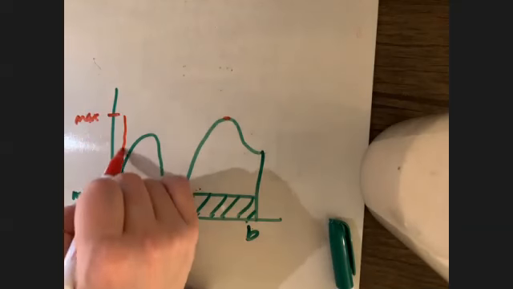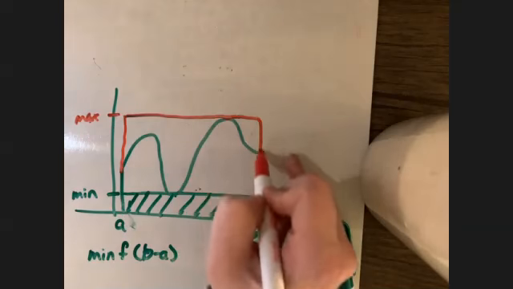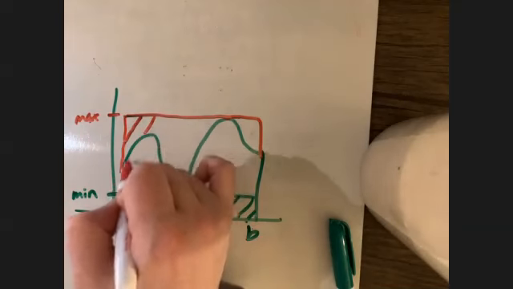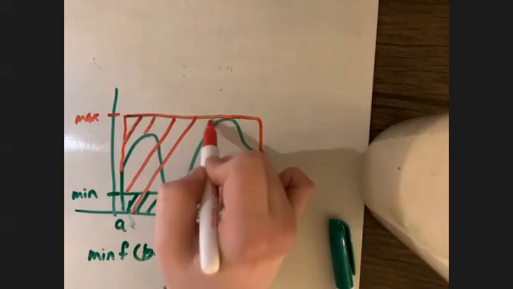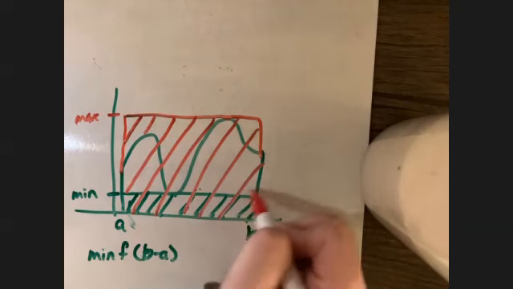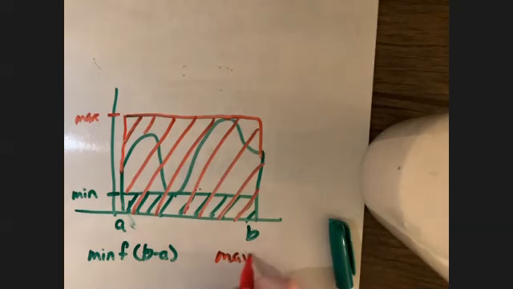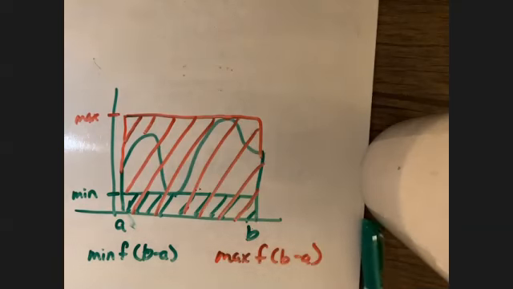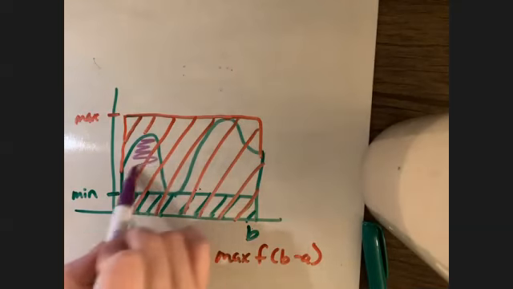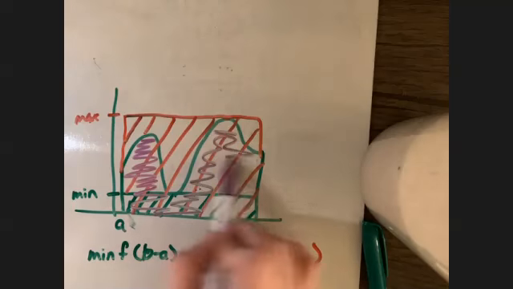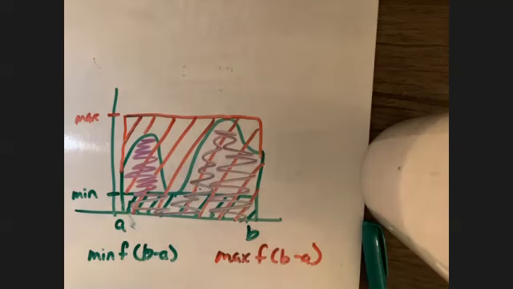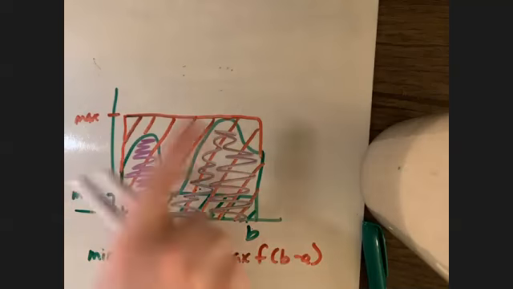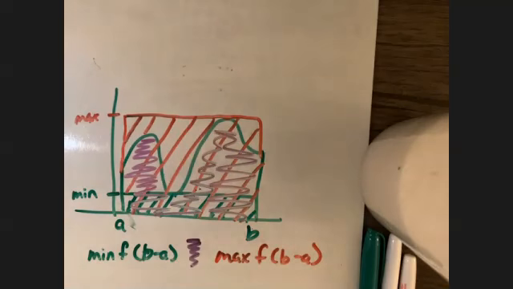If I make a rectangle box, max of f times b minus a is the stuff in red. Then the actual area under the curve, which is all that purple color that I squiggled in there, is going to be someplace in between those two. The green's too small, the red is too much, the purple is the exact answer. So it's going to be between those two values.